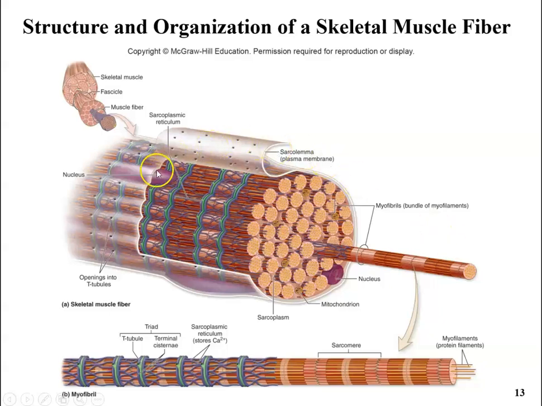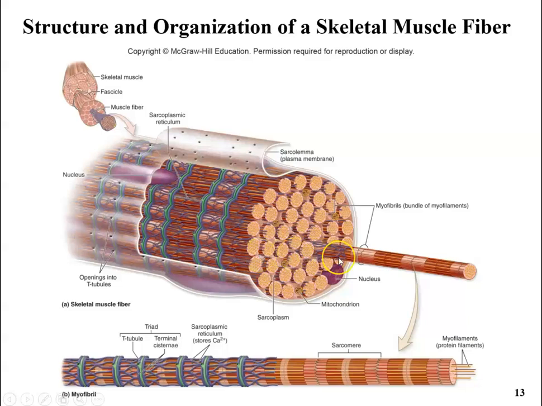Okay, so here we have an individual muscle cell. You can see the sarcolemma or the plasma membrane. These holes here demonstrate the invagination of the sarcolemma deep into the muscle cell, which is going to be the T-tubules, okay? Those transverse tubules that dive deep into the muscle cell.